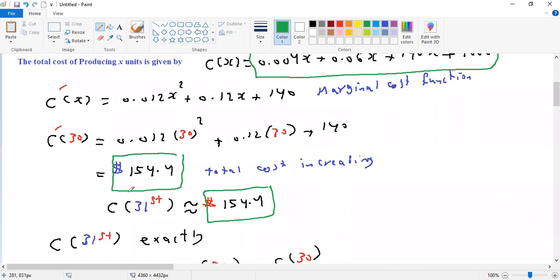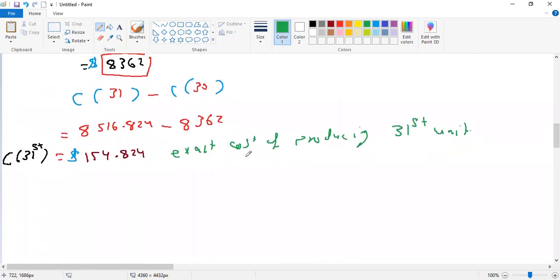C prime of 30 gives us approximately, not exactly, the cost of the first unit after 30, which is 154.4, while exactly it is 154.824. This is the difference between using the derivative, the marginal cost, and using the main function, the total cost function.